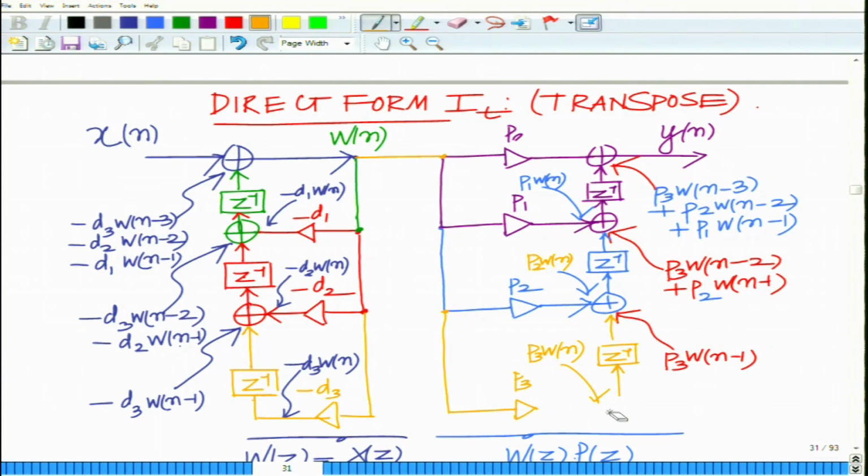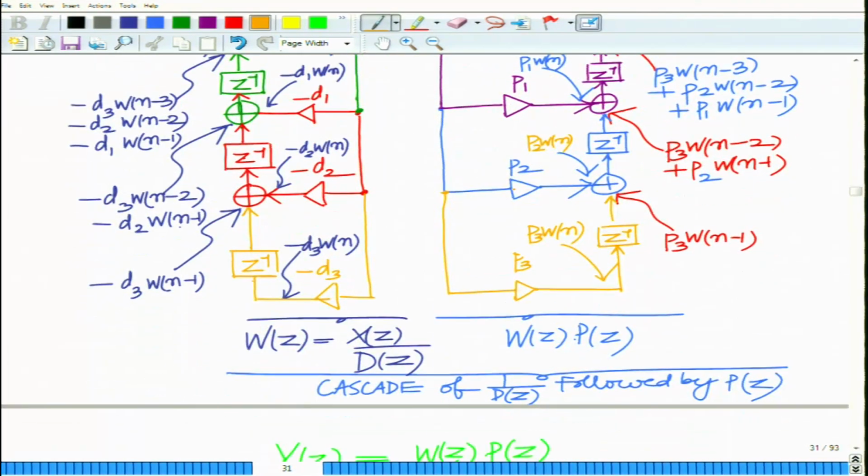So, you just join this here and you can see you have 6 delays and 3 adders.